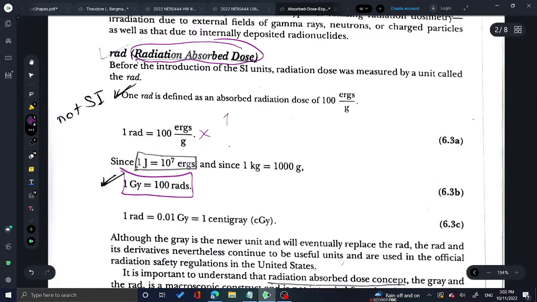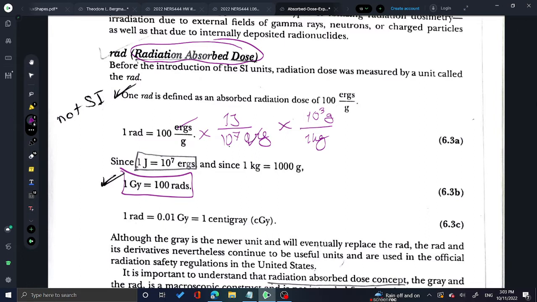So we know 1 joule is 10 to the power 7 erg. So erg will cancel out, joule will remain, and then we need per kg. 1 kg has 10 to the power 3 gram.